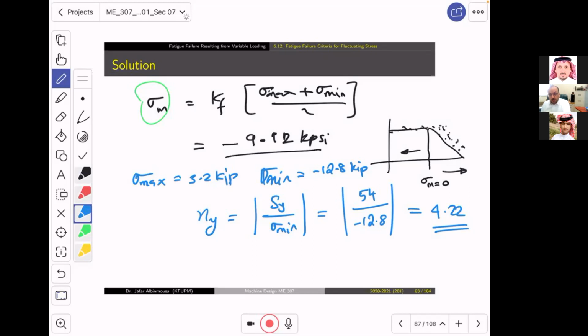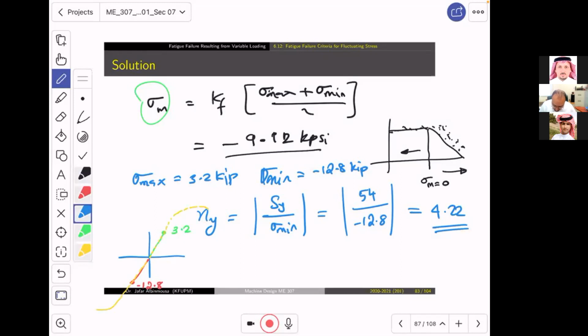With respect to the material, what happens is that during the tension reversal the maximum stress goes to how much? 3.2. And in the compression it goes to minus 12.8. Now what do we assume? We assume that the stress-strain curve is like this. Do you see?